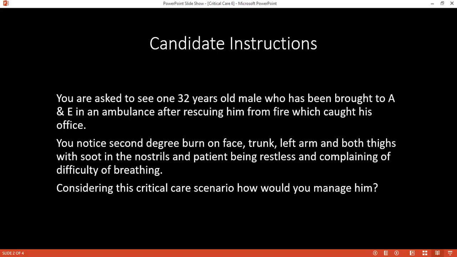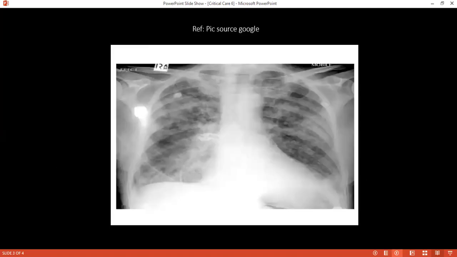ARDS is bilateral pulmonary infiltration with PaO2 to FiO2 ratio less than 26 kilopascal. To confirm your suspicion, you do one imaging, and this is what it comes out.